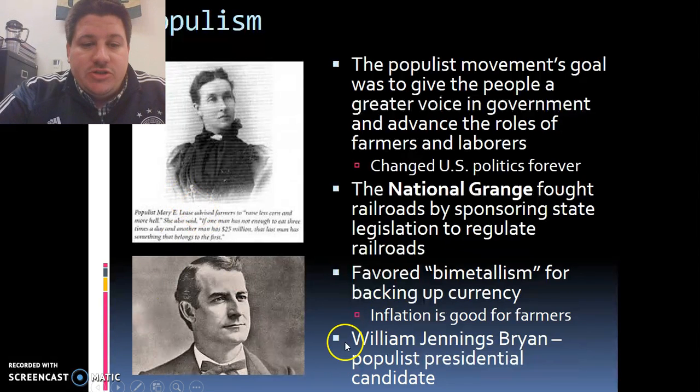William Jennings Bryan, pictured down here, is really one of the more famous products of the whole bimetallism populist movement. He gave his Cross of Gold speech in which he basically said that Americans are being crucified on a cross of gold, referring to the gold standard.